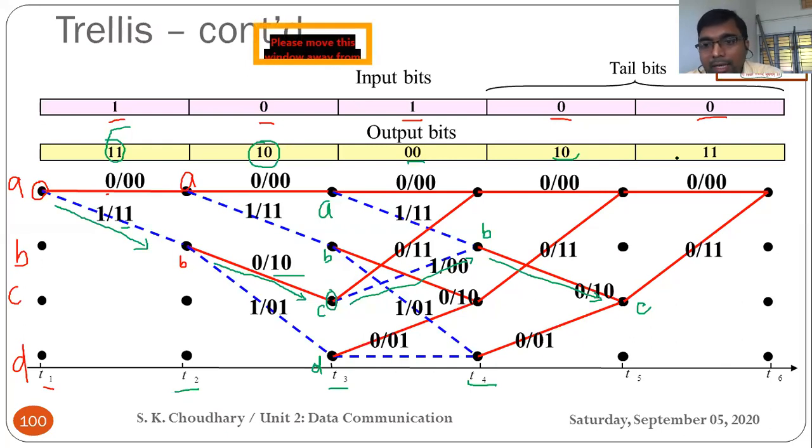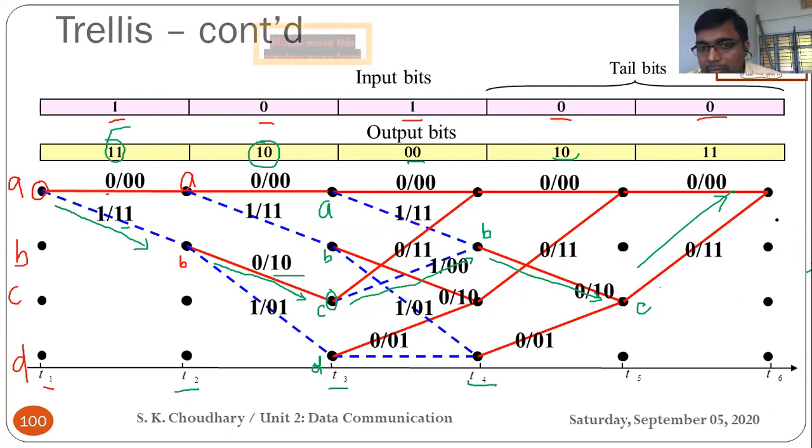But at the last end, the second flush bit at the time instant T5, we are at C. So the only possibility is that you are either at A or C. So from C again the 0 comes, so you follow this path, and the output would be 1 1.